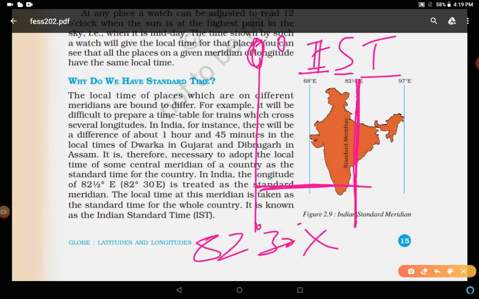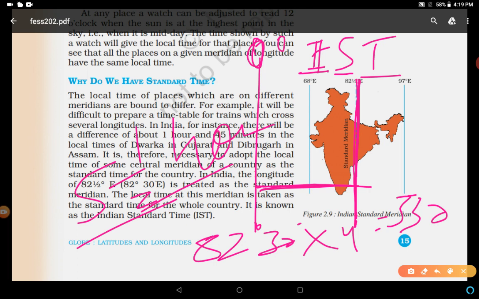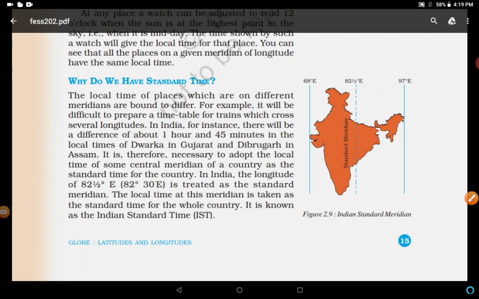It will take approximately 330 minutes to cross. 330 minutes means 5 hours and 30 minutes. It means 5.5 hours. So there is a difference of 5 hours 30 minutes between the prime meridian and India.